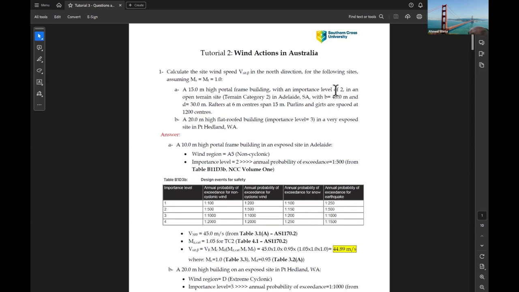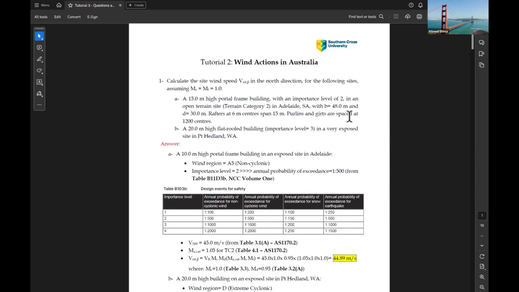Okay. So this is an example of calculating the site wind speed. We need to calculate site wind speed V site beta in the north direction for the following site, assuming Ms equal to Mt equal to 1.